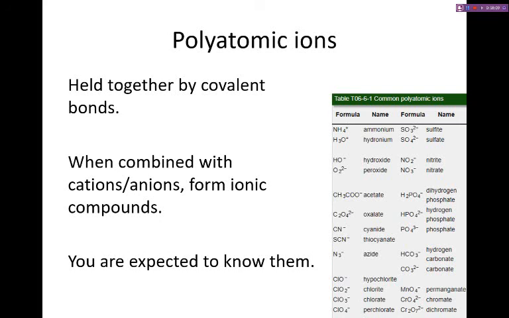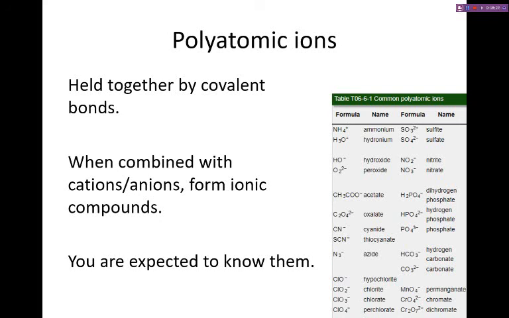If you're not sure of the names of them, then you need to spend some extra time looking them up, memorizing them, and coming to understand them, because it will be expected that you can use them easily on celebrations of knowledge and other activities.